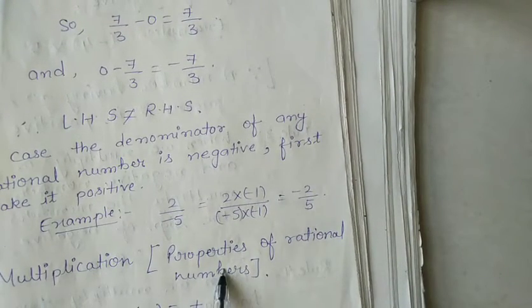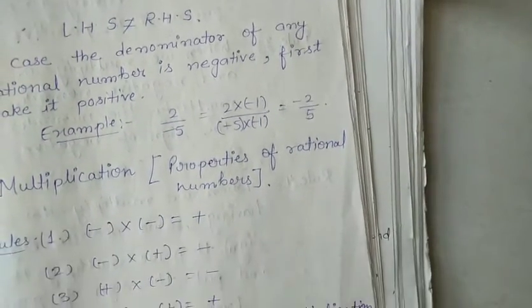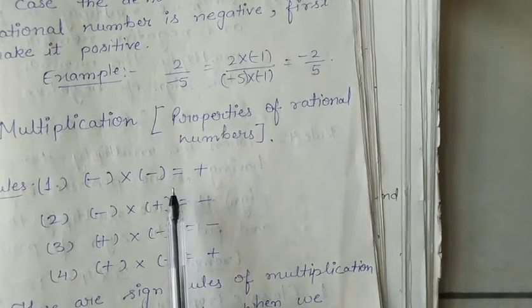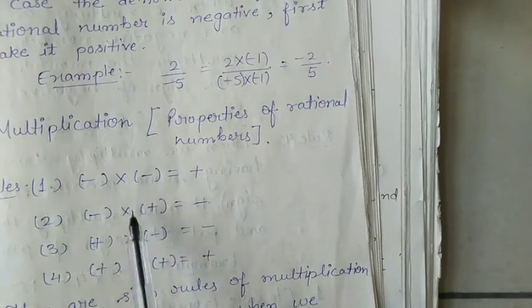Multiplication properties of rational numbers. Here some rules are given, and these are very important rules because to solve the questions of the exercises, these rules are very important.